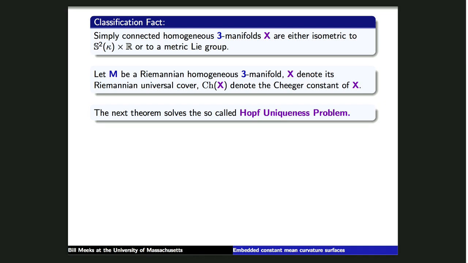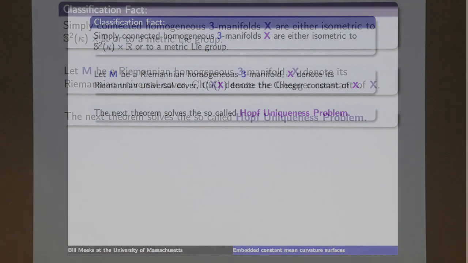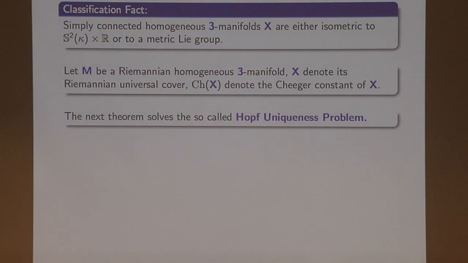But there's one big counterexample, and that's a round two-sphere cross R. You take a product of a round, homogeneous sphere with R. Those are the examples which do not have a Lie group structure, and the metric does not come from a left invariant metric.